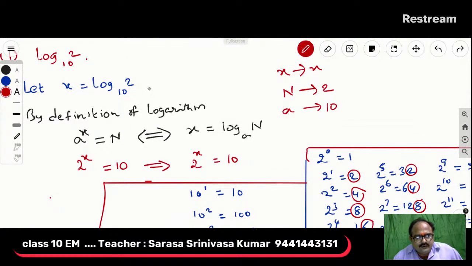So, therefore, here we should write log 2 base 10. What is the value of log 2 base 10? It is positive only. That is why x should be taken as a positive real number.